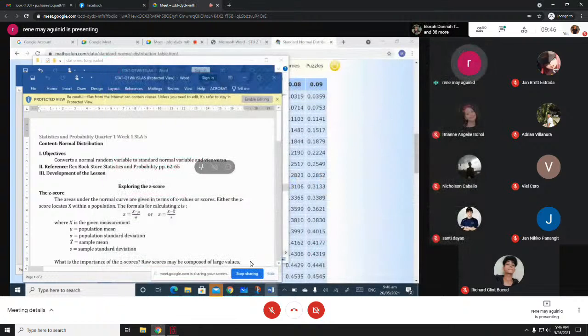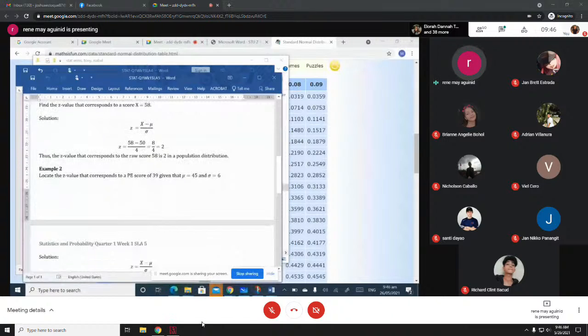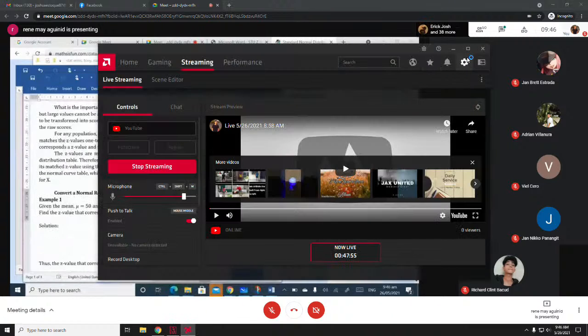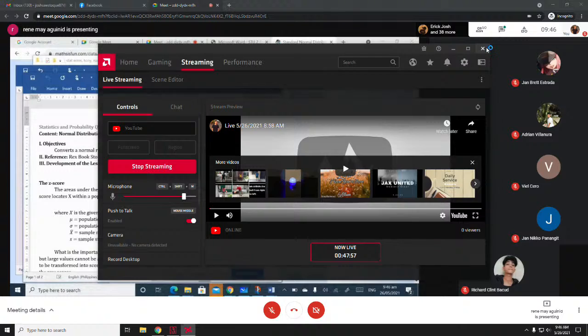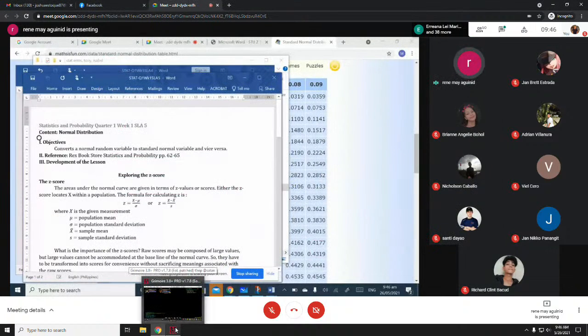Okay, so dito sa atong conversion sa normal value, or convert the normal variable to standard normal variable and vice versa.